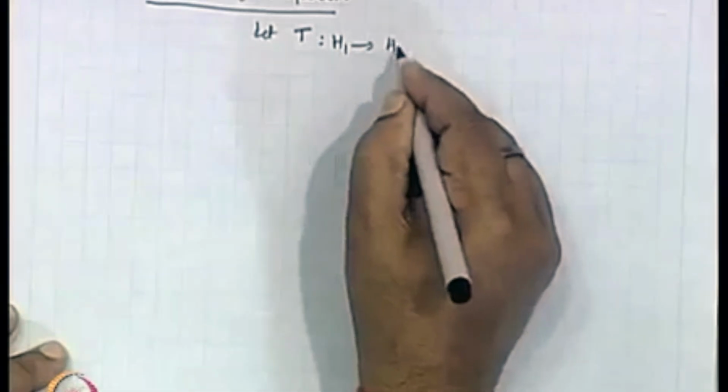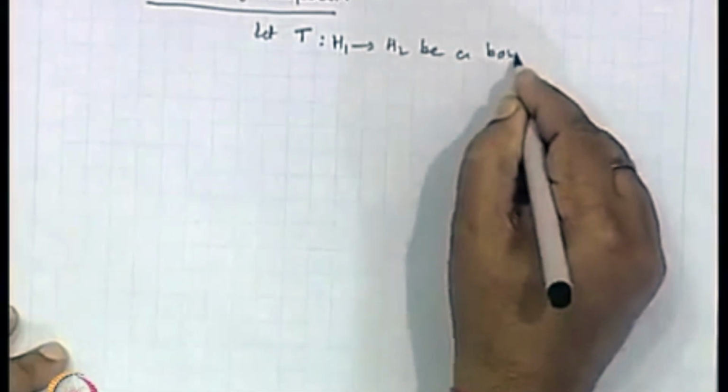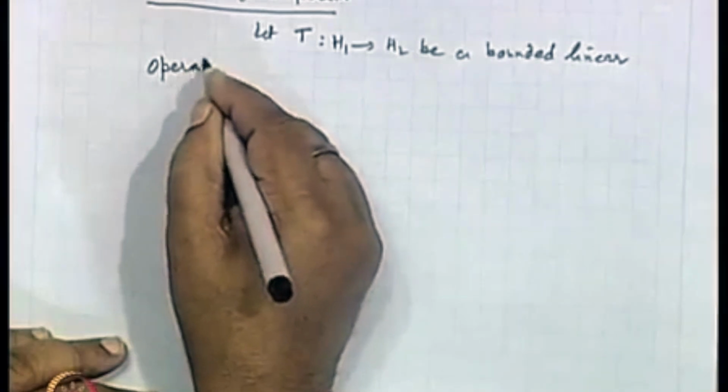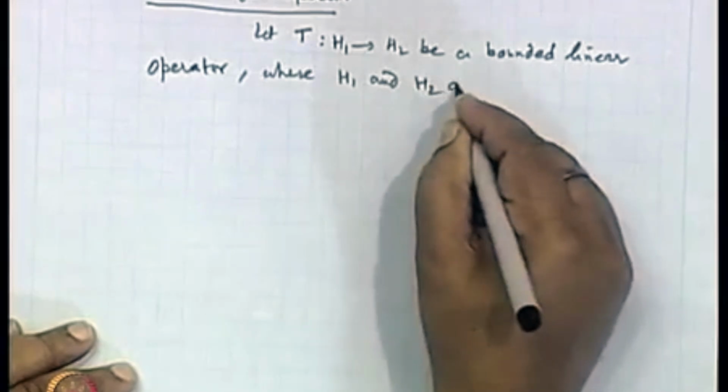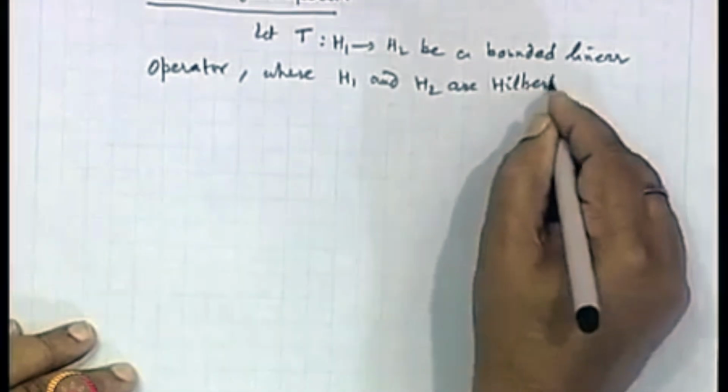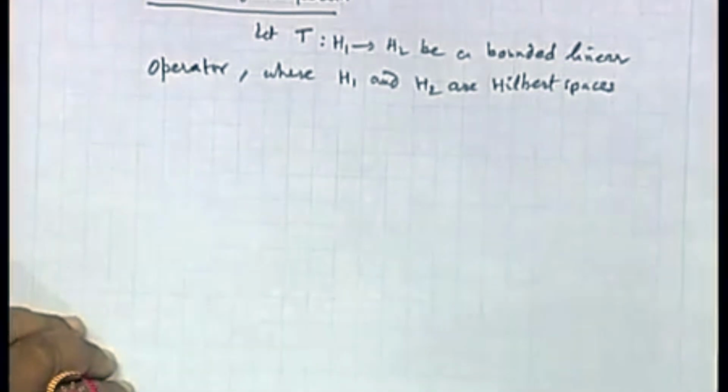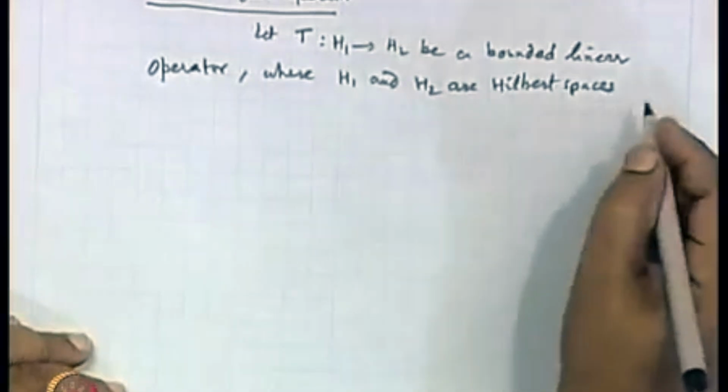Let T from H1 to H2 be a bounded linear operator, where H1 and H2 are Hilbert spaces. Then the Hilbert adjoint operator T star of T is the operator from H2 to H1 such that for all x belonging to H1 and y belonging to H2, we have the inner product ⟨Tx, y⟩ equal to the inner product ⟨x, T*y⟩.